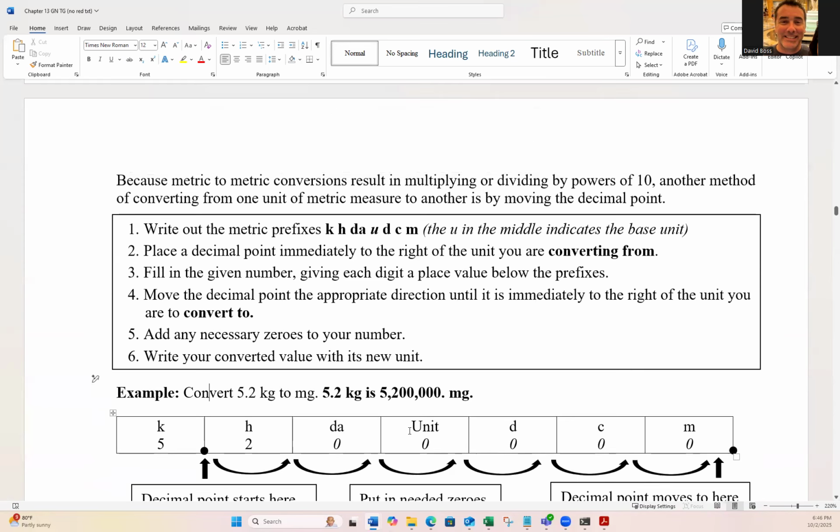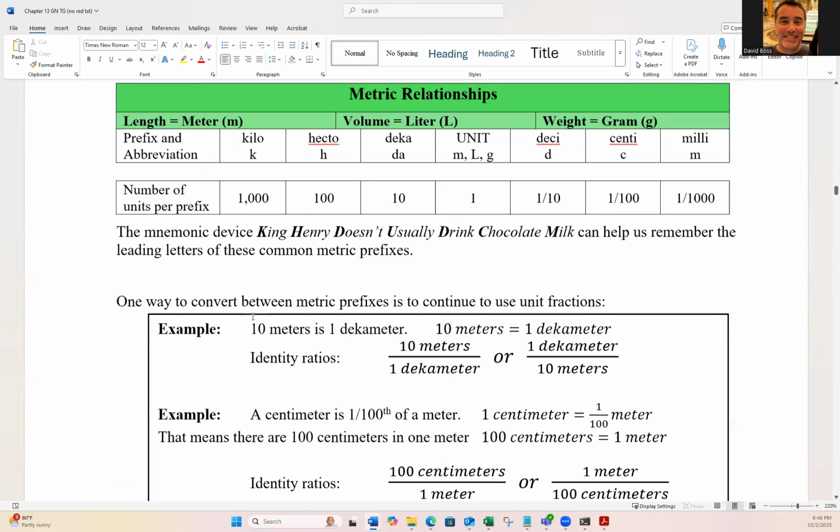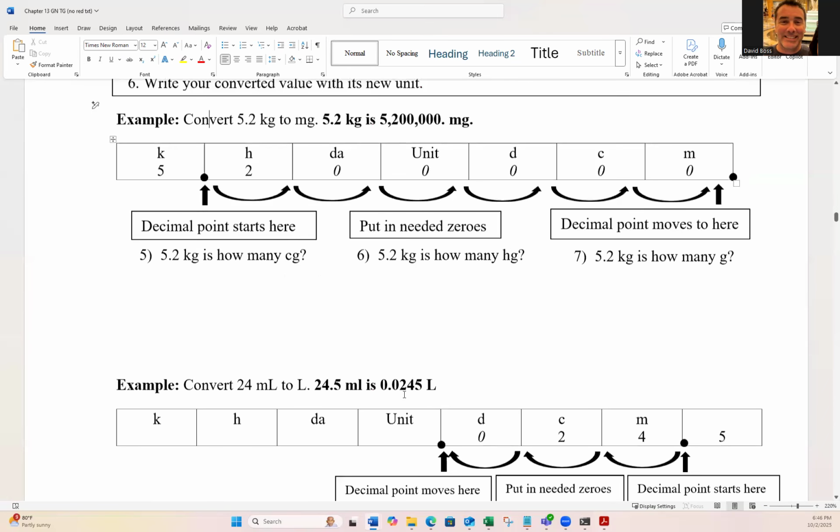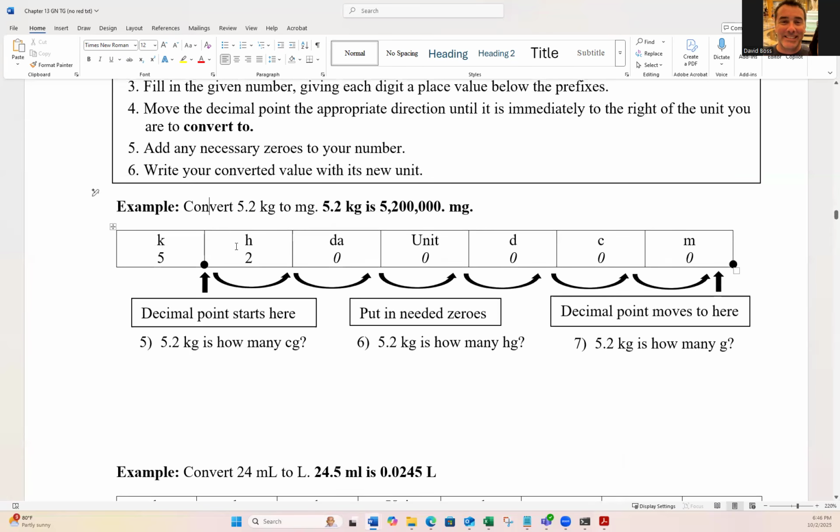So this is just the chart that we have right here. They took this chart and you're moving the decimal point one place every time you go from one unit to the next. So this is just the list: kilo, hecto, deca, the unit, grams, deci, centi, milli.